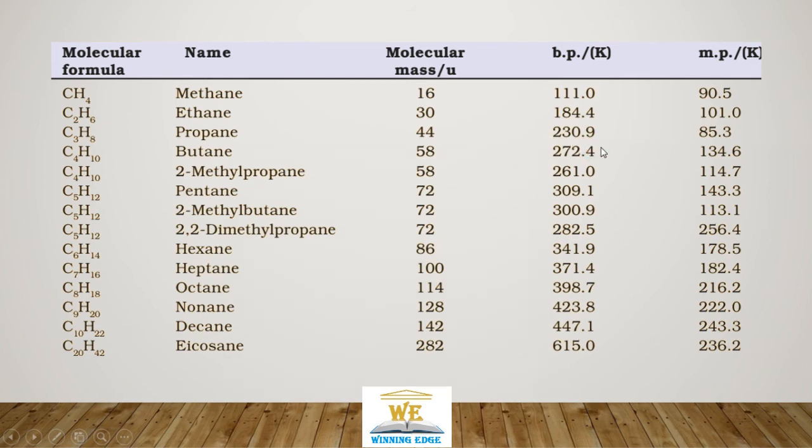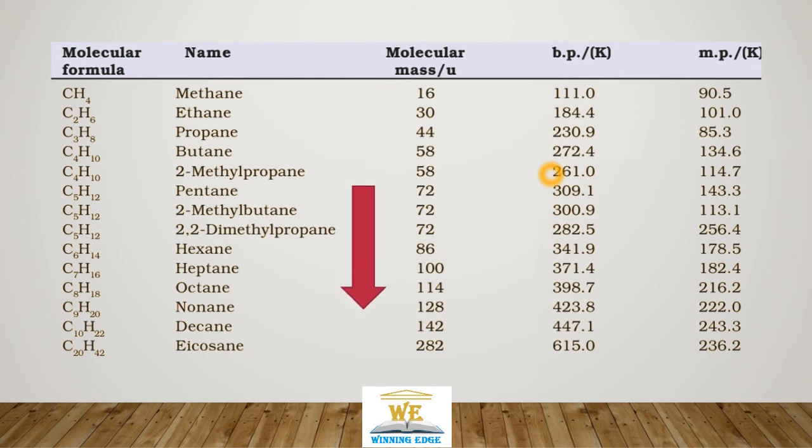But if you see 2-methyl propane, both have the same molecular weight, but it is an isomer or a branched compound of butane, whose boiling point is lower. The general tendency we see is as the molecular weight increases, melting and boiling point goes up.